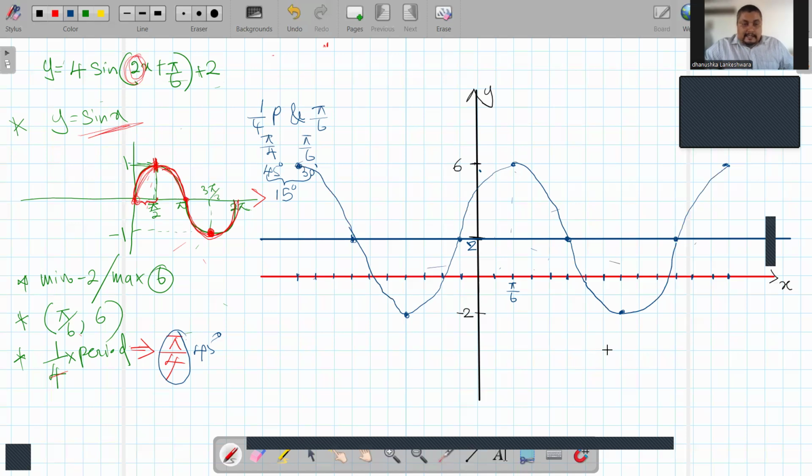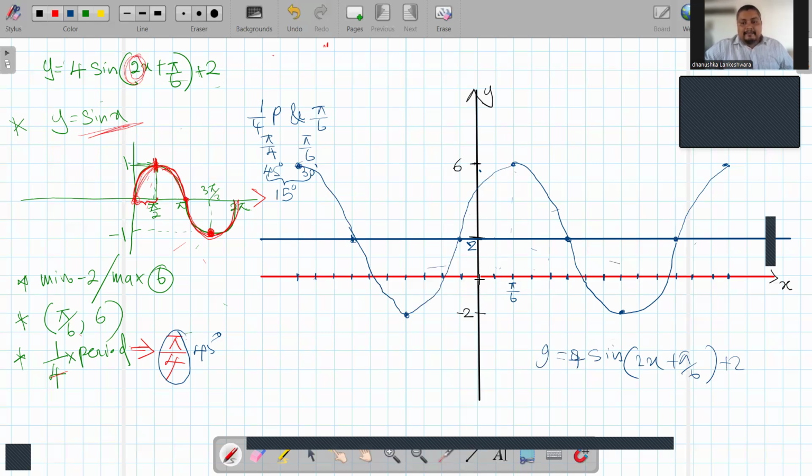Likewise. So this is the graph of y equals 4 sine (2x plus pi over 6) plus 2. Okay, so you can mark the significant x values over here.